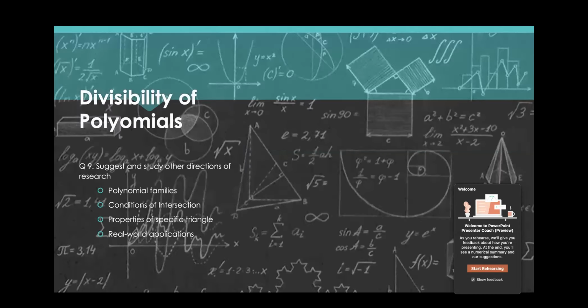To the last part, which asks us to suggest and study other directions of research. I will admit I did not give this part that much time, but I thought that we could investigate the different types of curves and their intersection through assessment of polynomial families like the reciprocal or orthogonal polynomials, and again the conditions under which it takes place in accordance with the intersection theory, and then symmetry, transformation, and geometry of the specific triangle and exact points resulting from higher dimensions.